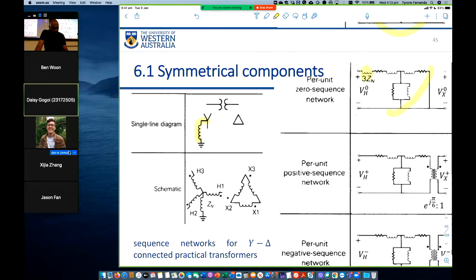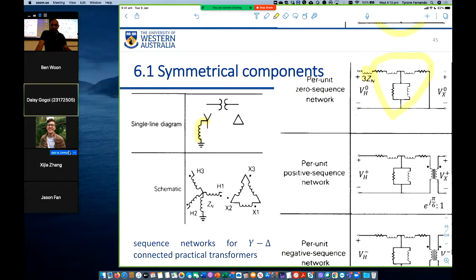Here is the transformer equivalent circuit. On the delta, the zero sequence currents can flow inside the delta, but can't flow out of the terminal because there is no path from the neutral to the ground.